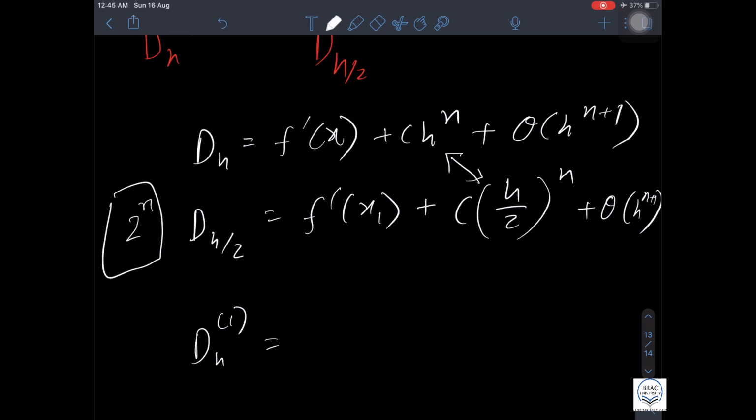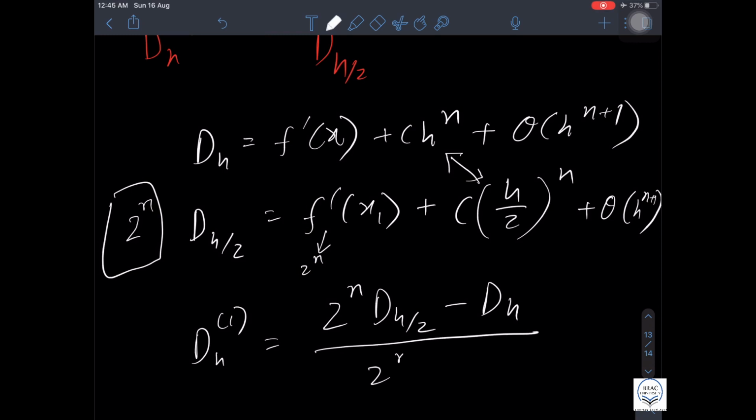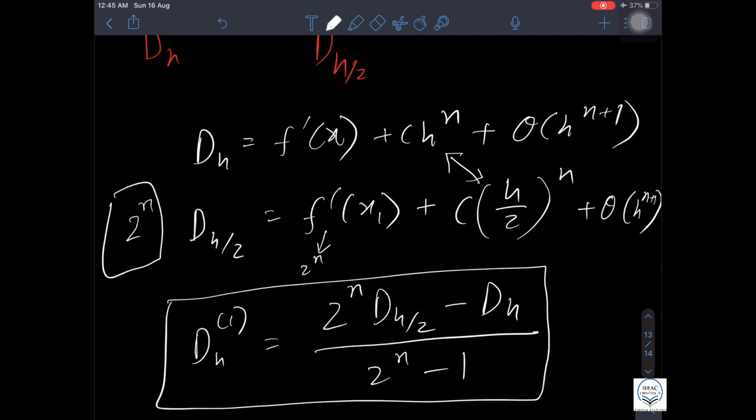So this is the point to understand, that you'll have 2^n d_{h/2} minus d_h. Then what will be the coefficient for f prime? You multiply it by 2^n and take a minus 1. So you have to divide by 2^n minus 1. So this is very easy to calculate, and then you will see that your order h to the power n error will go away.